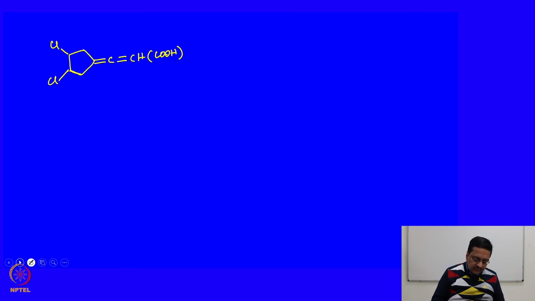Now, we would like to move to the next part, which was discussed in the last couple of lectures, the topicity of different atoms and faces. So, I would like you to find out the topicity of the hydrogens that are marked here.